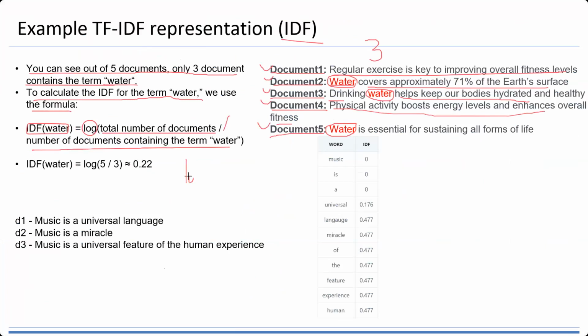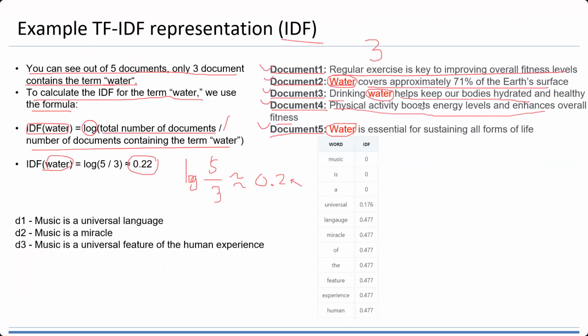So we have log of 5 from all documents divided by 3. Okay. So the IDF is about 0.22 for the word water.